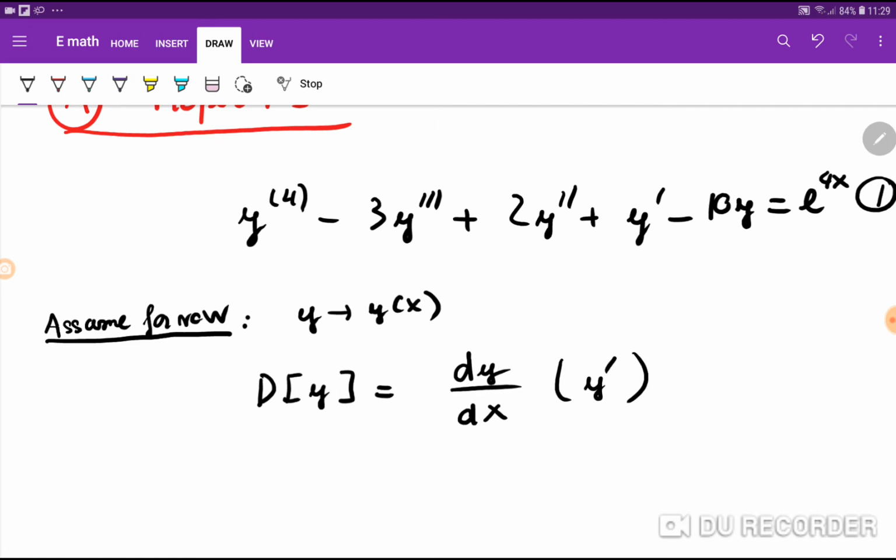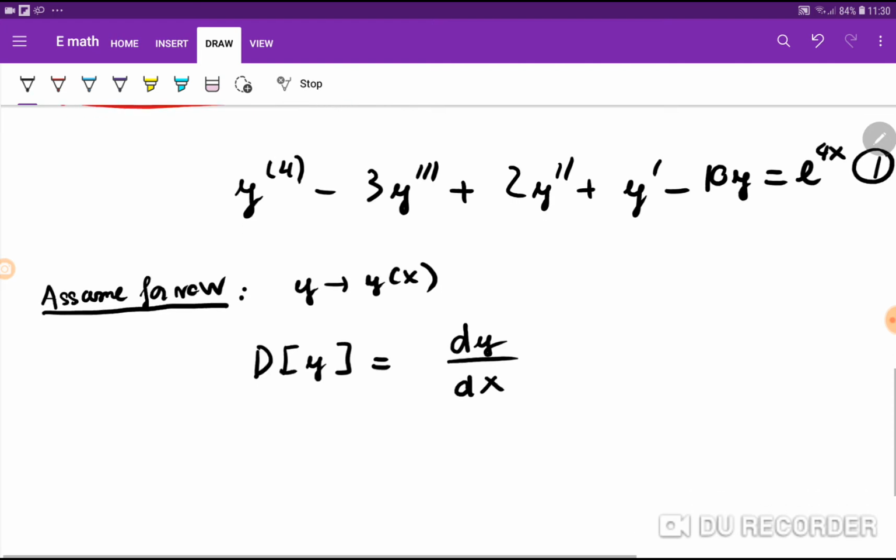I'm not going to use y prime in this presentation. I'm going to use dy over dx so that it makes more sense, because later you'll see y prime runs into trouble, but you can use it as long as you understand it.